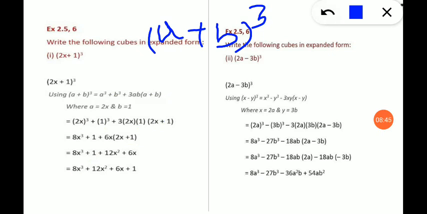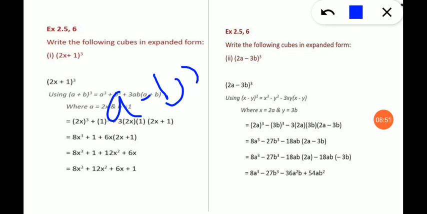In the same way, we have solved the next question also, that is 2a minus 3b whole cube. Since this one is having minus sign, we will apply the formula a minus b whole cube, which is equal to a cube minus b cube minus 3ab into a minus b.